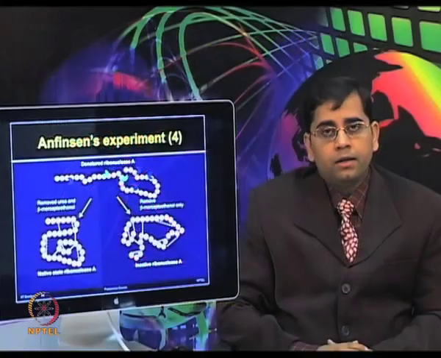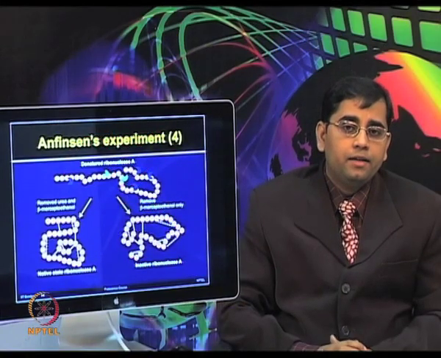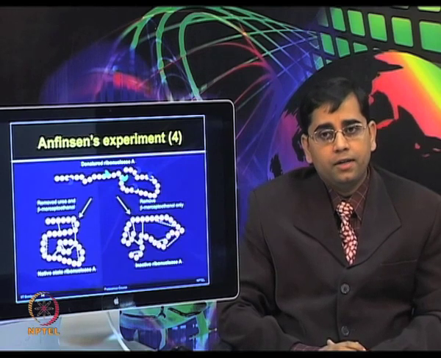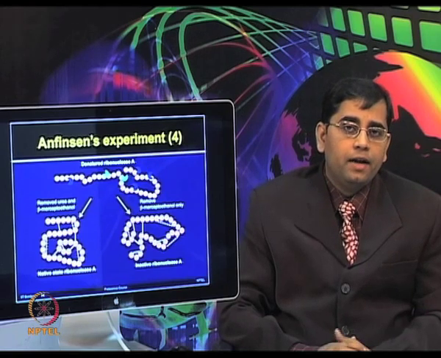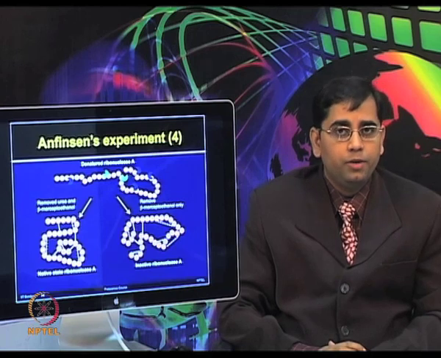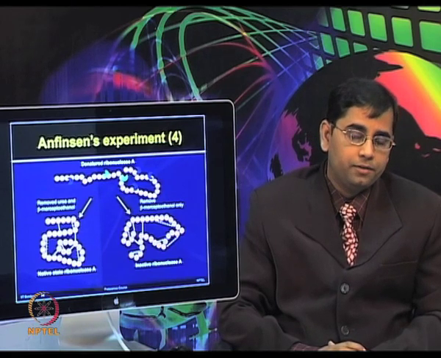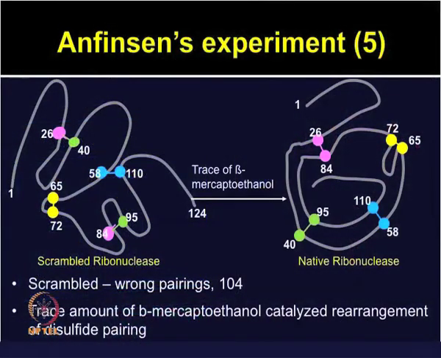So, in the absence of urea, the correct disulfide bridge formation occurred, and it allowed a folded and thermodynamically stable state to be reached in the ribonuclease protein. Now, this figure shows that in the presence of a trace amount of ß-mercaptoethanol and complete removal of the denaturant urea, the refolding of ribonuclease was accurate and 4 intra-chain disulfide bonds were reformed in the same positions where they were expected in the native ribonuclease.